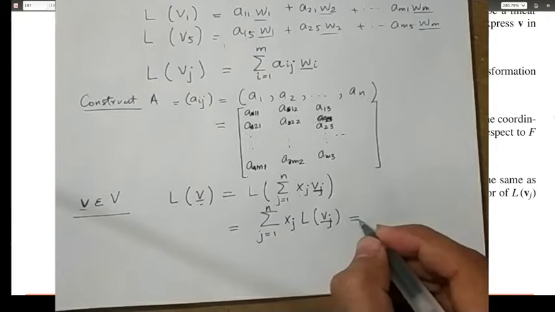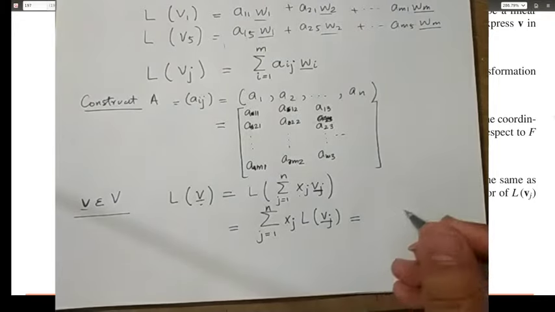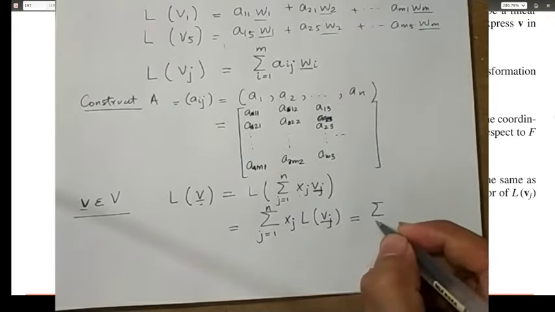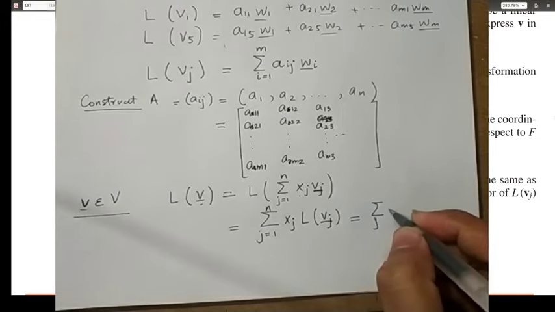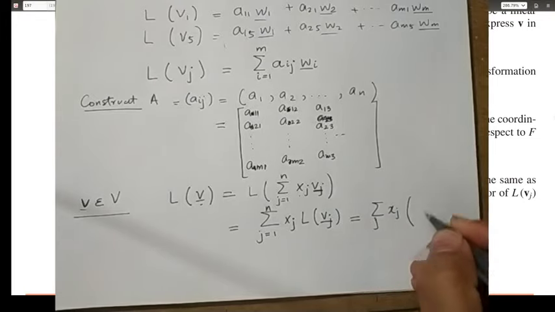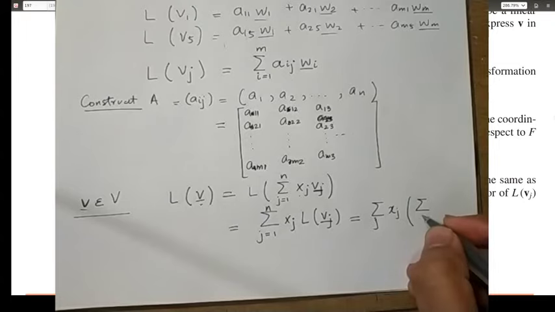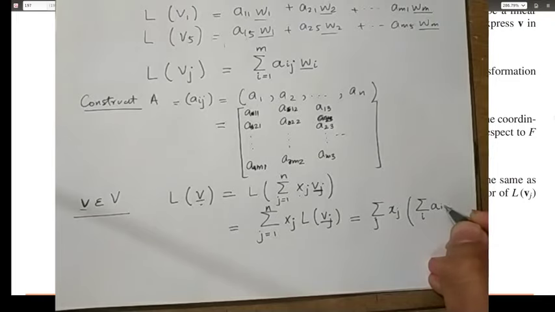So I can take this L of Vj and write this as summation over j of xj and another summation over i, which goes from 1 to m, of Aij Wi.